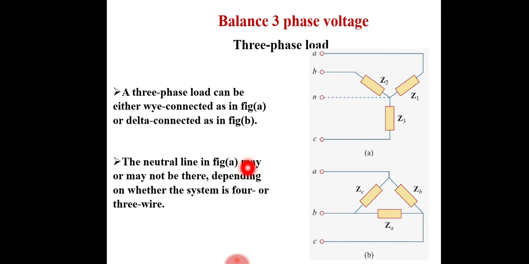A star or delta connected load is said to be unbalanced if the phase impedances are not equal in magnitude or phase, and in a balanced load, the magnitudes and phases of the phase impedances are equal.